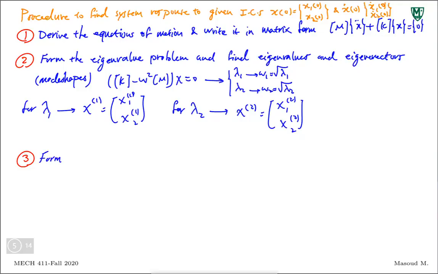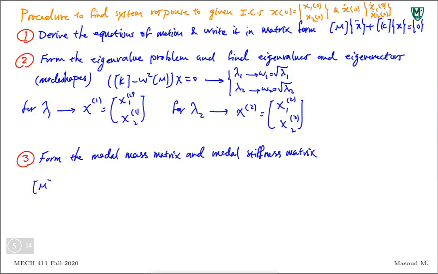Let's say form the modal mass matrix and modal stiffness matrix. That's pretty much it. So I'll write it this way.